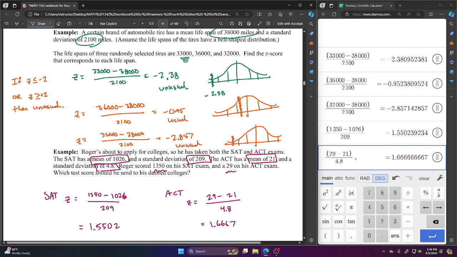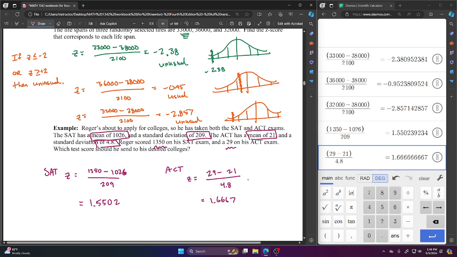Now, apparently, he did well on both of them. Above average, I would say, right? Are either of these unusual? No. Good, but not unusual. So which one's better? The ACT's better because it's a little bit bigger.